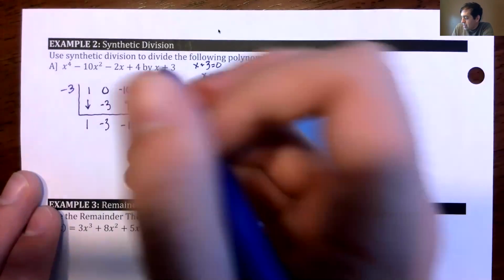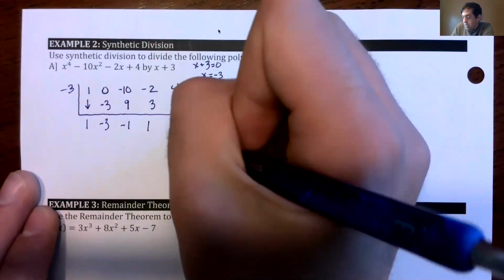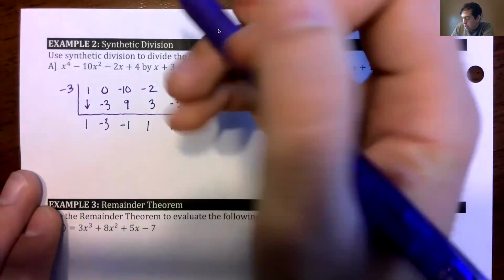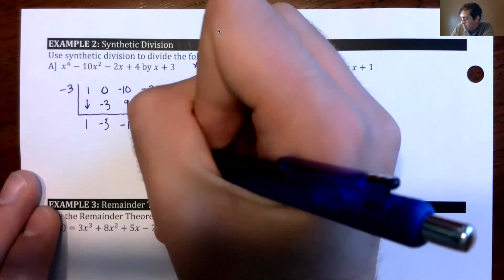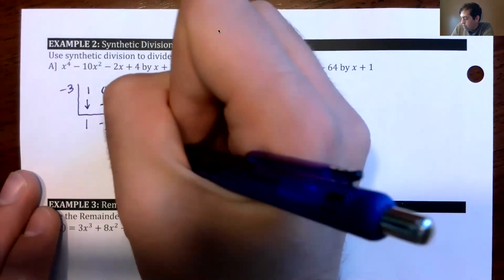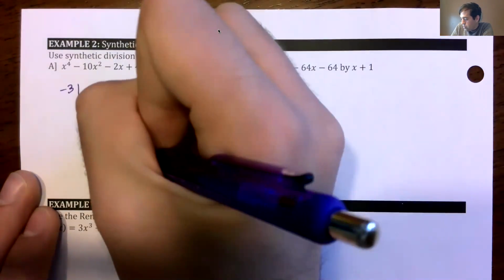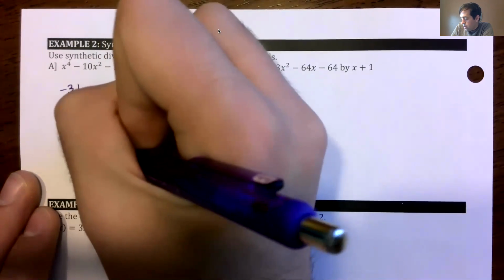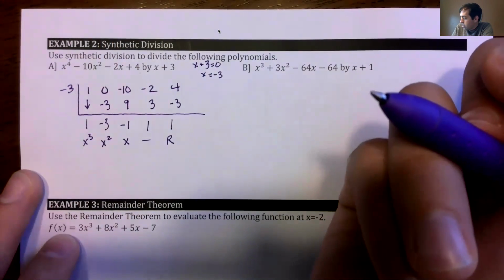After that, I like to label what each of these numbers represent. We're almost done already. This last number, whatever the last number is always the remainder. Then you have your constant term, and then you just kind of go up by 1 exponent each time. So we have our x term, our x squared term, our x cubed term. And then the last thing we're going to do is write it out.